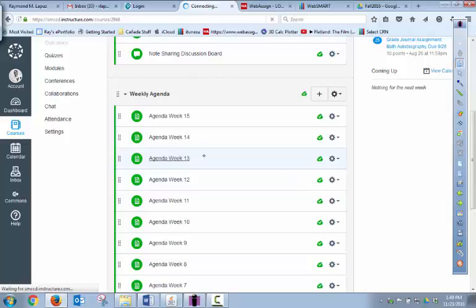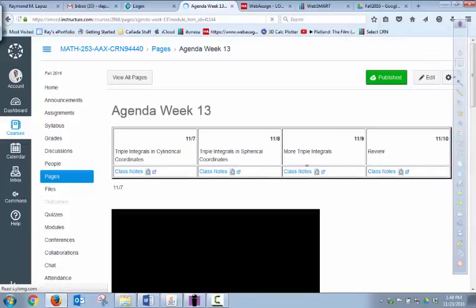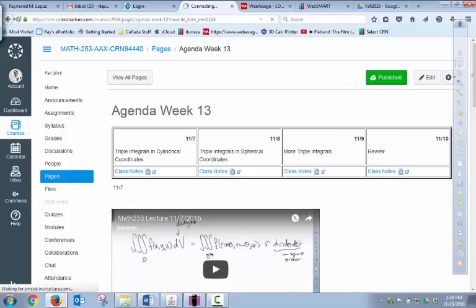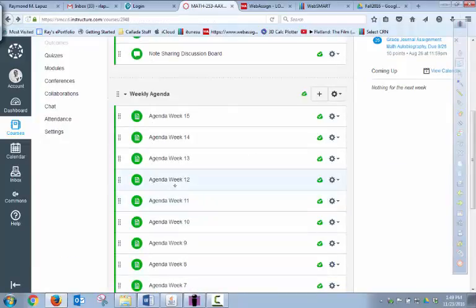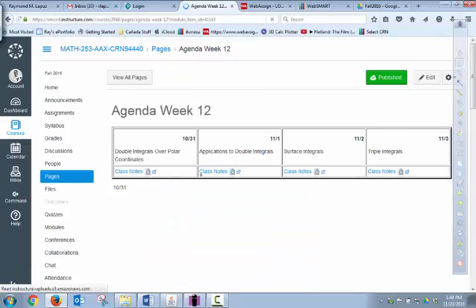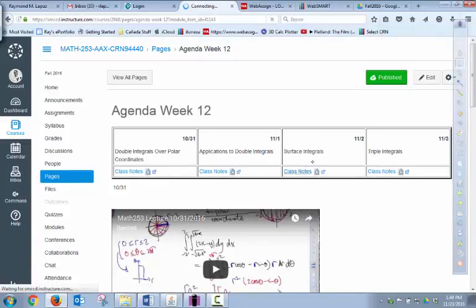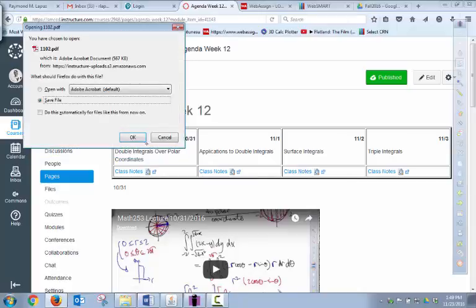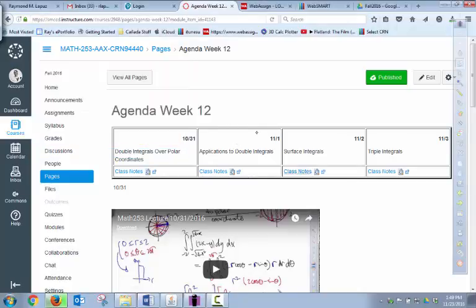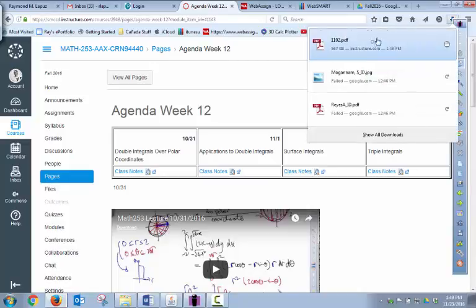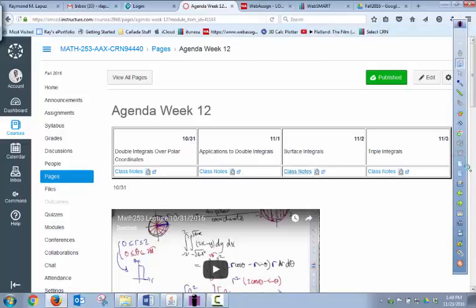Surface. We did surface integrals already. Open. Get it open.